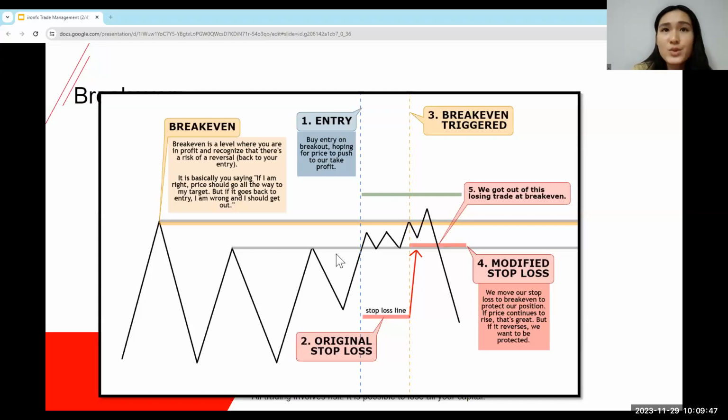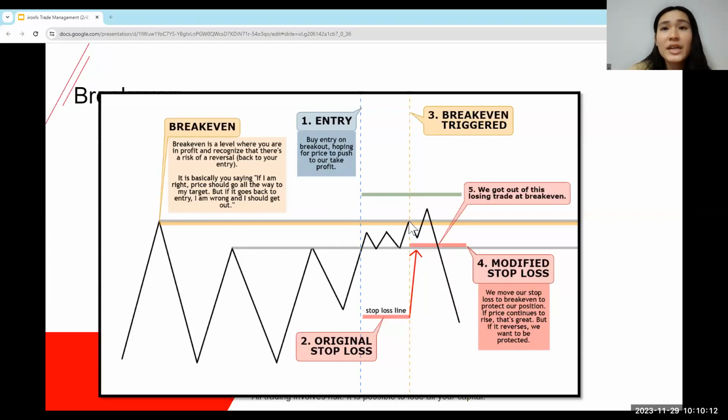Okay, and we're hoping that price will push upwards towards our take profit level, which is this green area here. Okay, so we see price testing this area here, and then our break even is triggered at this break even level, which is just at this swing high resistance level.